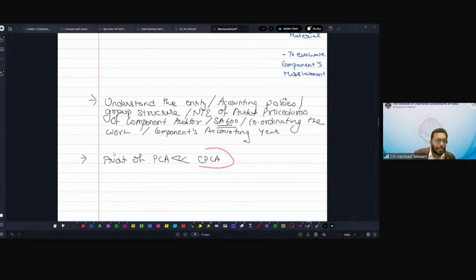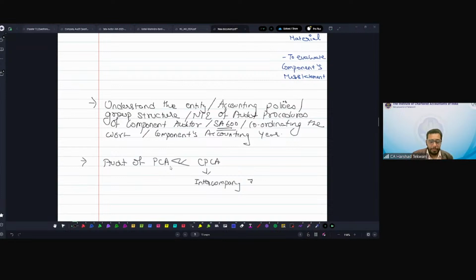When I talk about current period consolidation adjustments, these are of such nature that they change each and every year. For example, intercompany transactions. Because this year I might have sales of this much amount with this company. Tomorrow, next year, I might have different sales. So intercompany transactions, intercompany sales are a scenario which may change year on year.